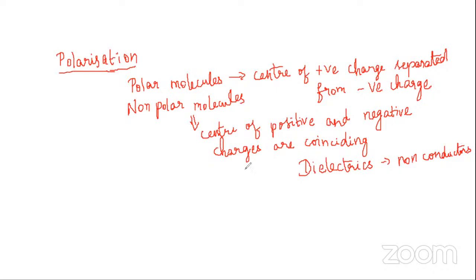So dielectric means non-conductor, and polar and non-polar molecules are the two categories of molecules which come under dielectrics. In polar molecules, the center of positive charges and the center of negative charges are already separated, so they have their own dipole moment. In non-polar molecules, since both coincide, you don't have any permanent dipole moment in the absence of any external field.